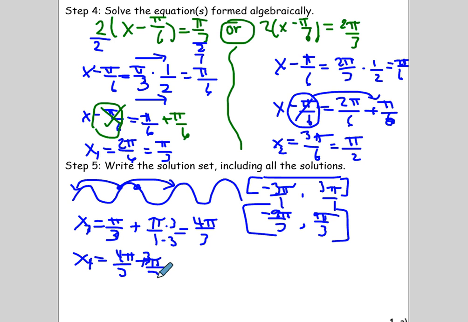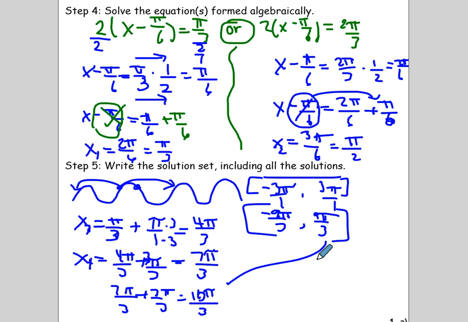And remember, this is the same as 3 pi over 3. So the next one would be 7 pi over 3. If I start at 7 pi over 3 and then I add 3 pi over 3, I'm going to be at 10 pi over 3. And this is more than my interval, because my interval here stops at 9 pi over 3. So I'm not going to take this as an answer.